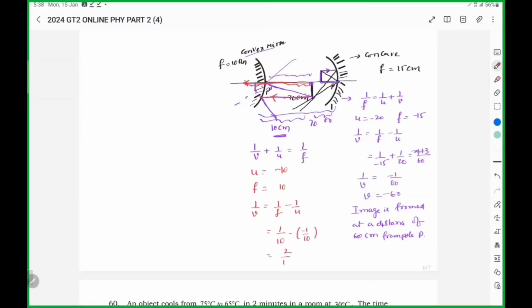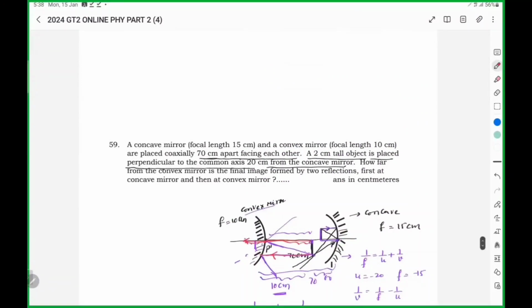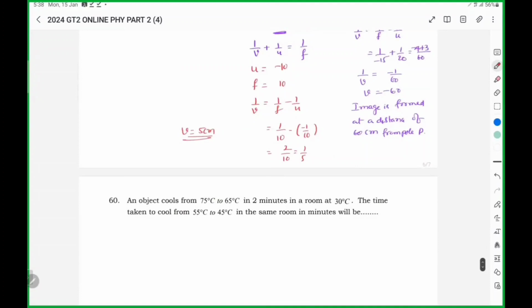So 2 by 10, that is v equal to 5. That's what he is asking: how far is the final image formed by two reflections. Here one reflection, here second reflection. After the second reflection, the image will be at 5 centimeters from the convex mirror.